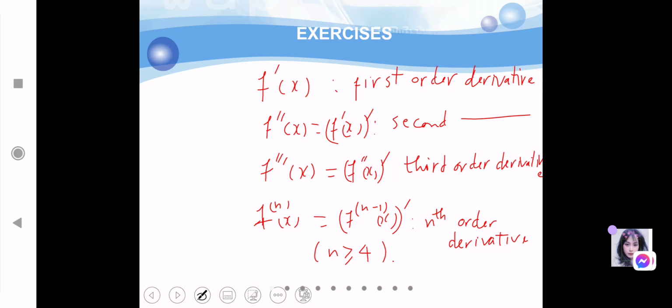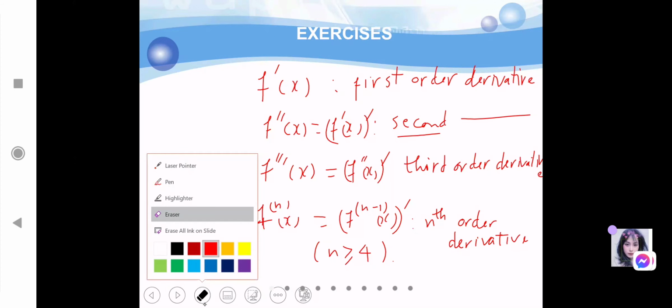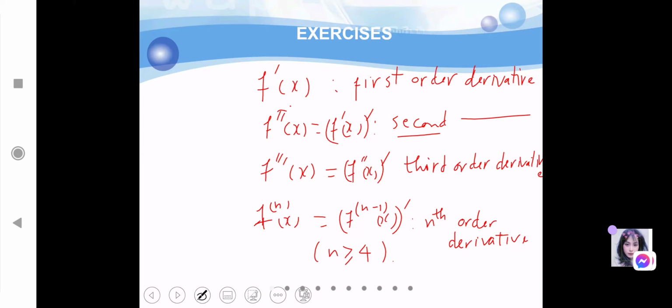If we take the first order, second order or third derivative, we use the prime notation here. But if n is greater than 3, for example f^(4)(x) means the fourth derivative and f^(5)(x) is the fifth derivative.